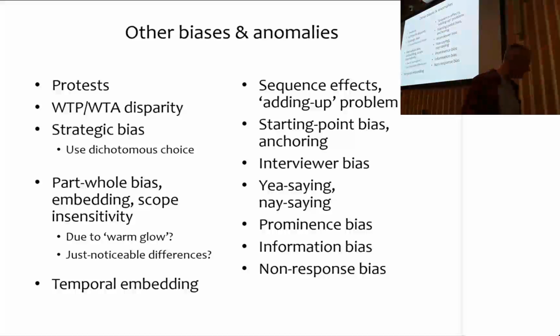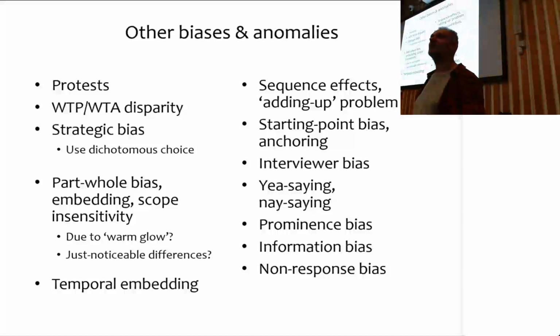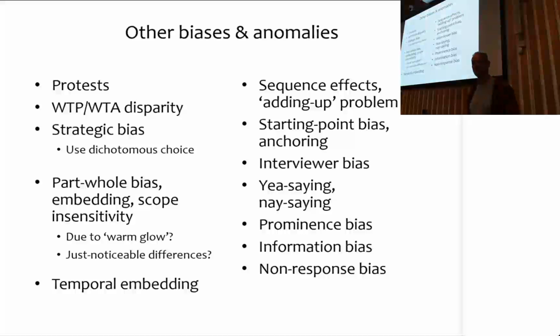And they split the sample into 3 parts, and one part of the sample they asked, how much are you willing to pay to save 30,000 birds per year? Actually, they were not birds, they were ducks even, a specific kind of bird, right? Second part of the sample, they asked, how much are you willing to pay to save 300,000 ducks per year? And the third part of the sample, they asked about 3 million ducks per year.